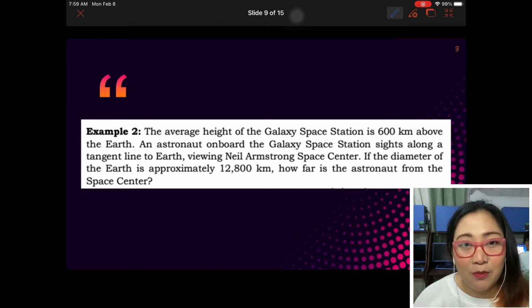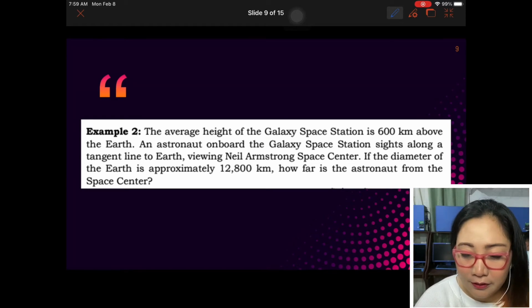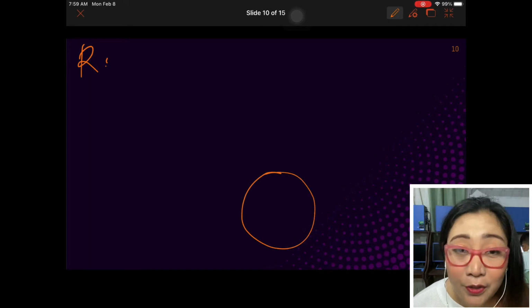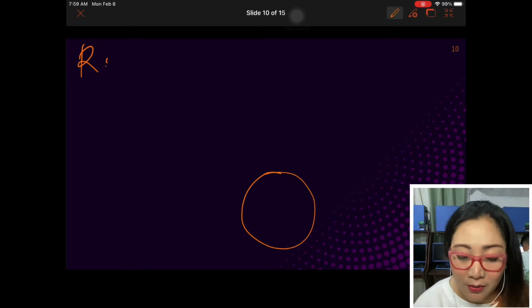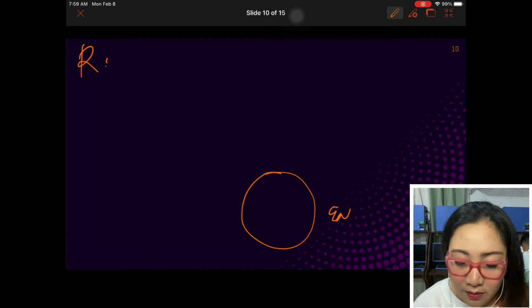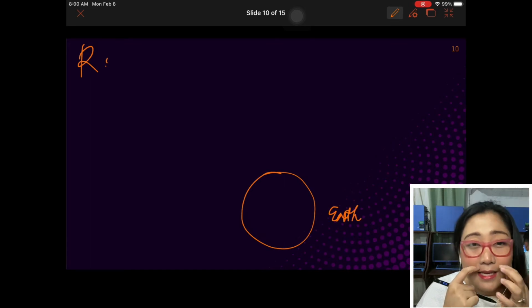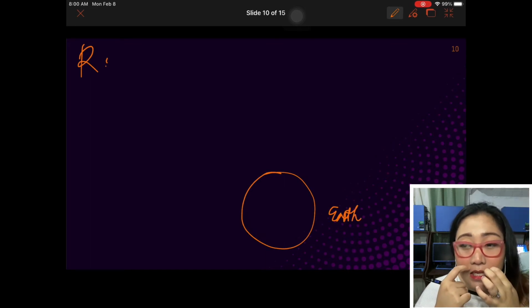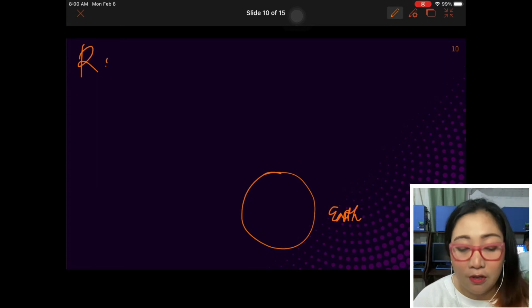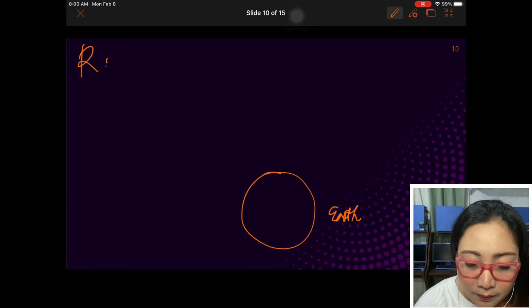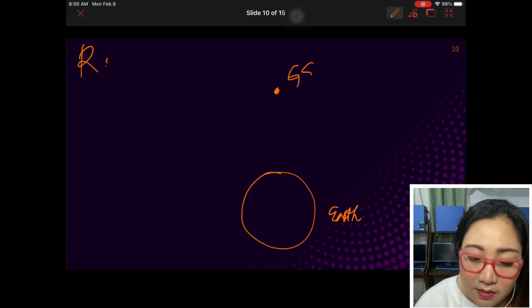So, magsisimula muna tayo kay Earth. Okay? Gamit tayo ulit ng orange for our representation. So, si Earth, syempre, bilog, kahit oblique spheroid yan, kunwari nga lang bilog siya. Okay? So, ito si Earth. Tapos, ano yung sabi? Si Galaxy Space Station daw ay 600 kilometers above the Earth. So, we're going to put a point here. So, yan si Galaxy Space Station.